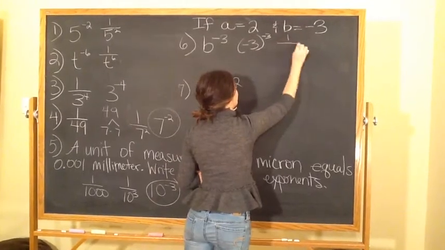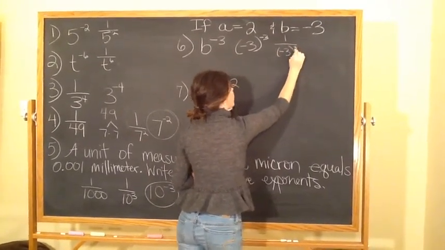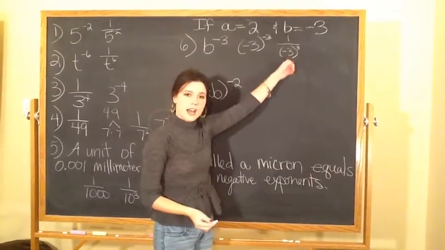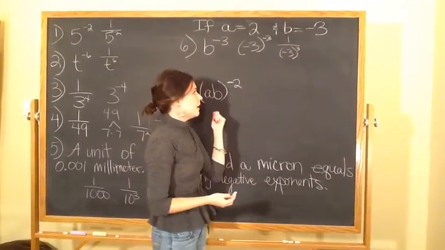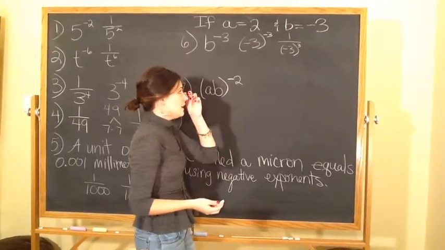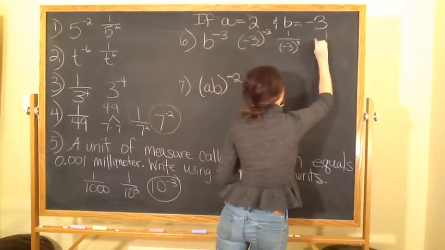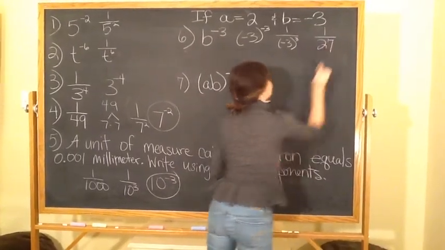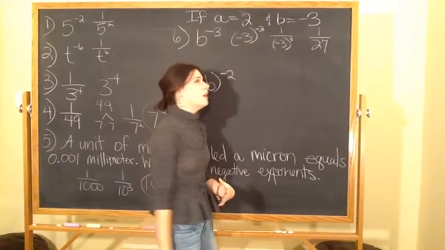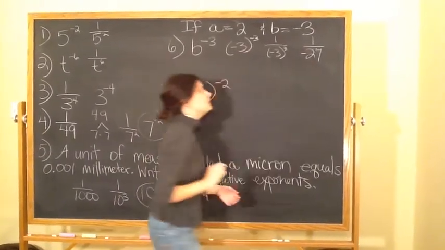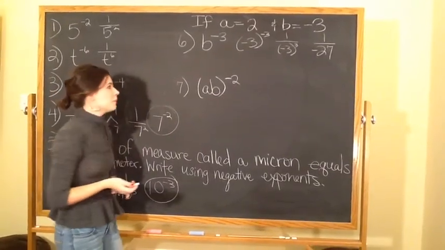So I'm going to put 1 over negative 3 to the third power. It doesn't change the sign of my whole number, it just changes the sign of my exponent. So if I did 3 to the third power, I'm going to have 1 over 27. And since we are multiplying negative 3 three times, which is an odd number, our answer is going to be negative. So negative 1 over 27 is our final answer for that one.